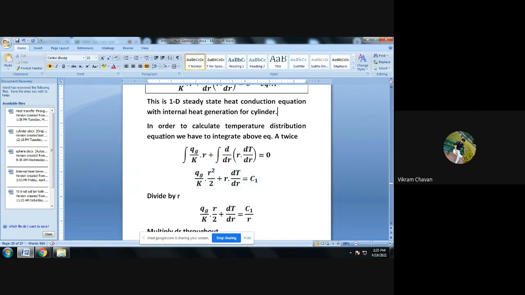Okay. Now further we have to determine the temperature distribution equation. In a similar fashion to what we have done in case of wall, where we integrated the general heat conduction equation and calculated the constants after double integration, and then calculated those constants by considering boundary conditions, that similar methodology we need to apply over here to derive the temperature distribution equation.